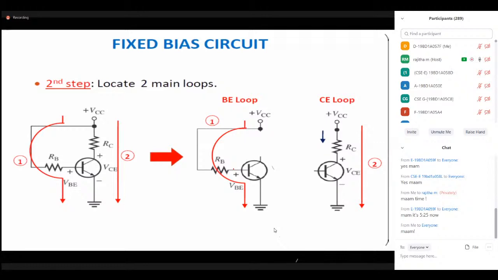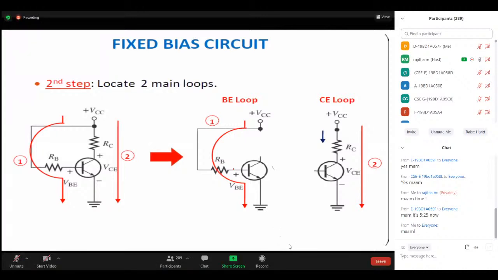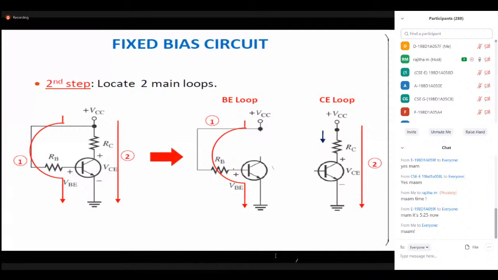Next, we have to find what the base current is, and what the amount of collector current due to the DC voltages is. Will it depend on your beta value, on your base to emitter junction voltage, or on your temperature? We have to find all these things in order to find the stability of the biasing circuit. To find the stability of the biasing circuit, we have to do the DC analysis.